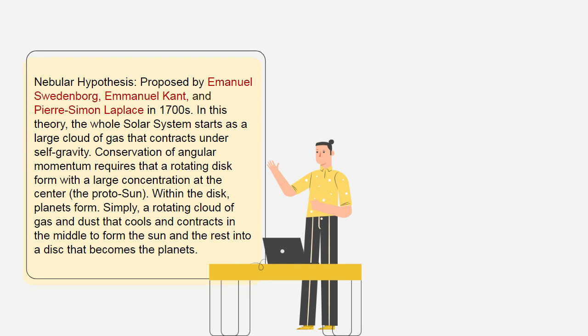This theory best accounts for the objects we currently find in the solar system and the distribution of these objects. The nebular theory starts with a cloud of gas and dust. It is simply a rotating cloud of gas and dust that pulls and contracts in the middle to form the sun, and the rest of the dust becomes the planets.